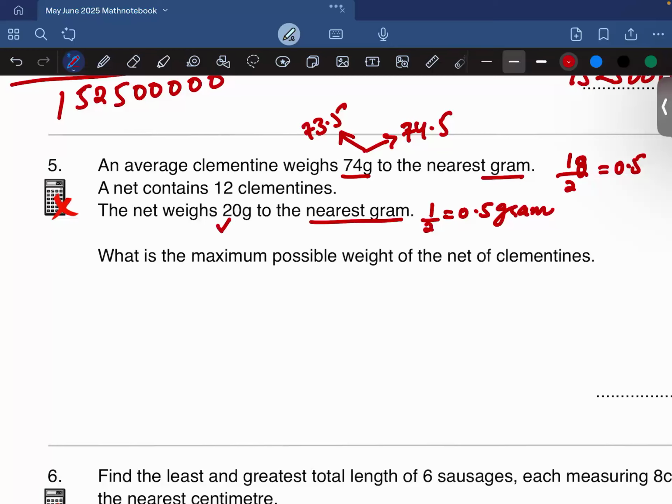So 20 plus 0.5 is 20.5, and the lower bound, we should write on this side, would be 19.5. And the upper bound should be 20.5. What is the maximum possible weight of the net of the clementines? So what do you think? What should be the strategy?